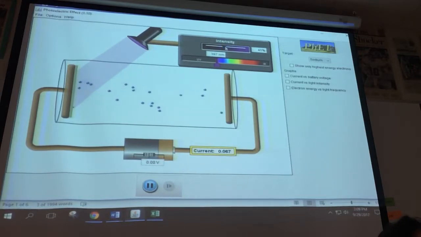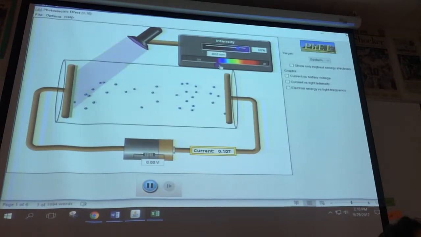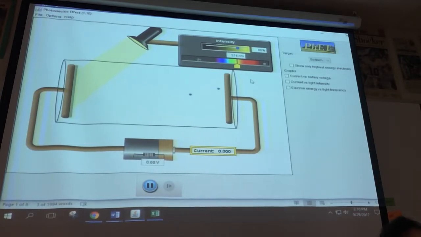This is dependent on the intensity as well as the wavelength of the light. If I decrease the wavelength, you'll see that more electrons are ejected. If I increase the intensity, you'll see that more electrons are ejected. Now, if I have an intensity of about 80 and now I increase the wavelength, you'll see electrons are ejected much more slowly, and in the yellow region, you're not going to see electron ejection.